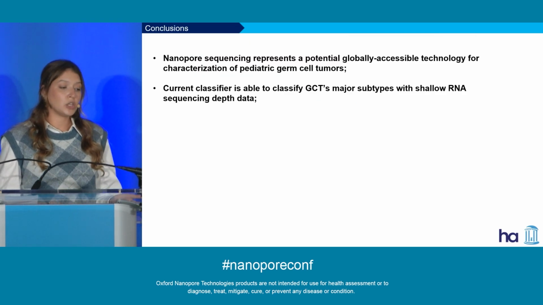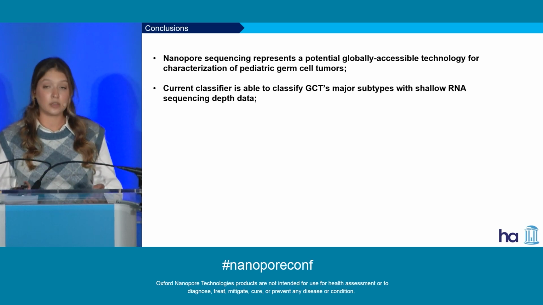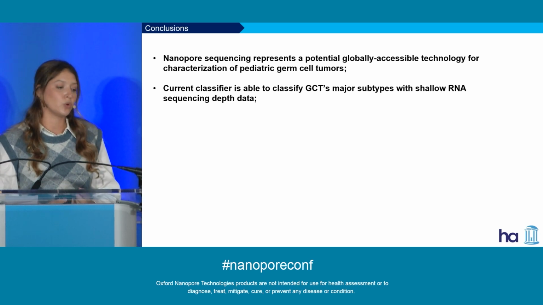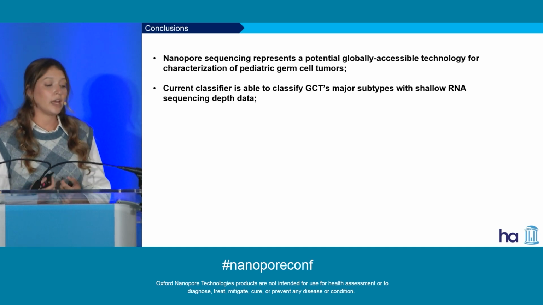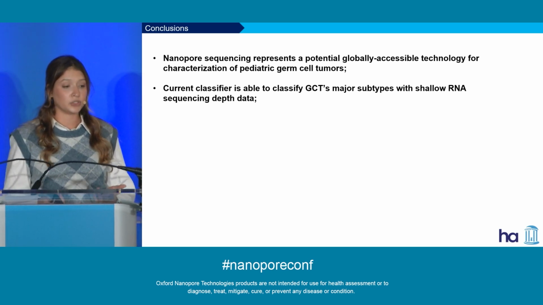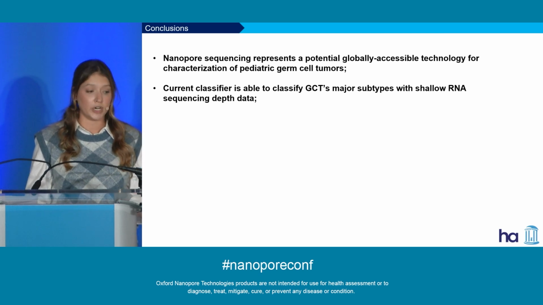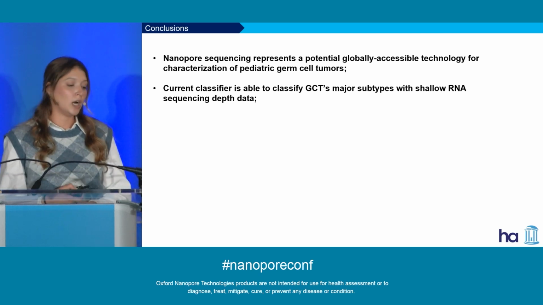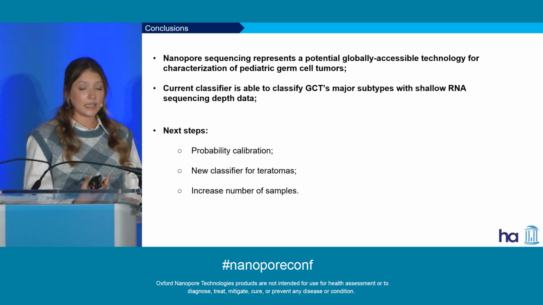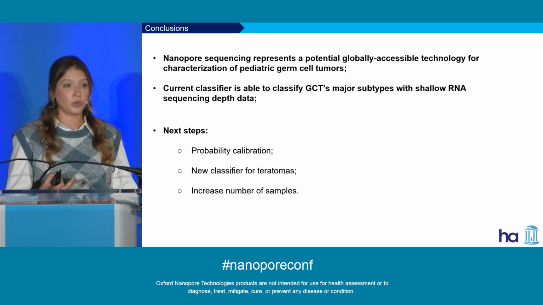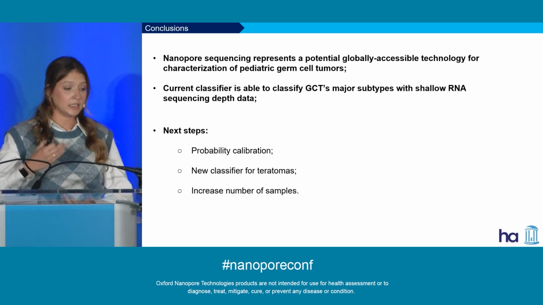So we can conclude that nanopore sequencing represents a potentially globally accessible technology for the characterization of pediatric germ cell tumors, and that our current classifier was able to classify those major subtypes even with shallow RNA sequencing depth. As for next steps, we are working on some probability calibrations to improve our confidence and increase those prediction probabilities.